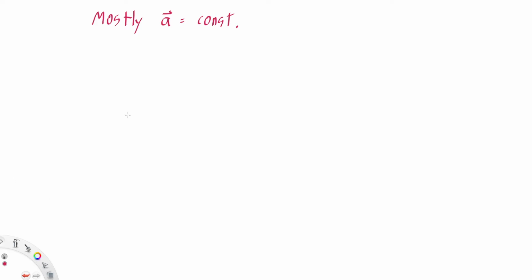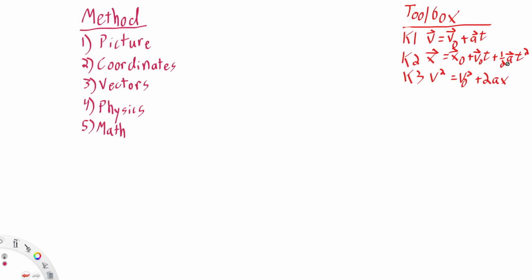Part of the reason is because it leaves us with such a nice set of kinematic tools here. So if acceleration is not constant, these 3 tools are not applicable. The other reason why we might not want to do that is because the math gets complicated quickly.